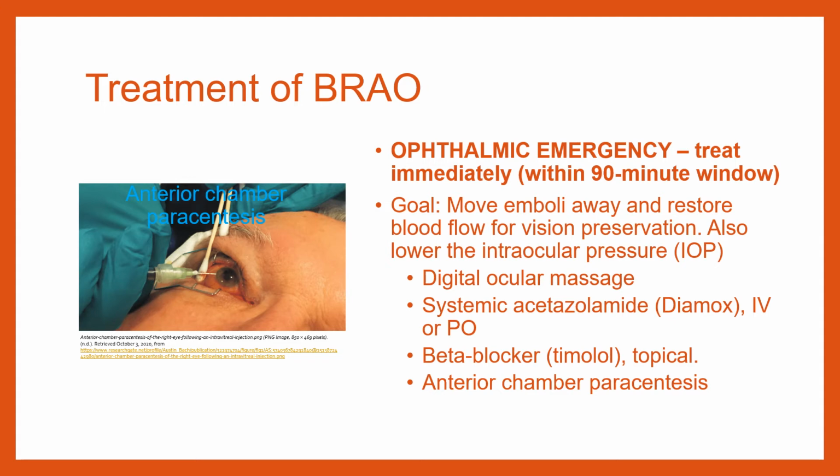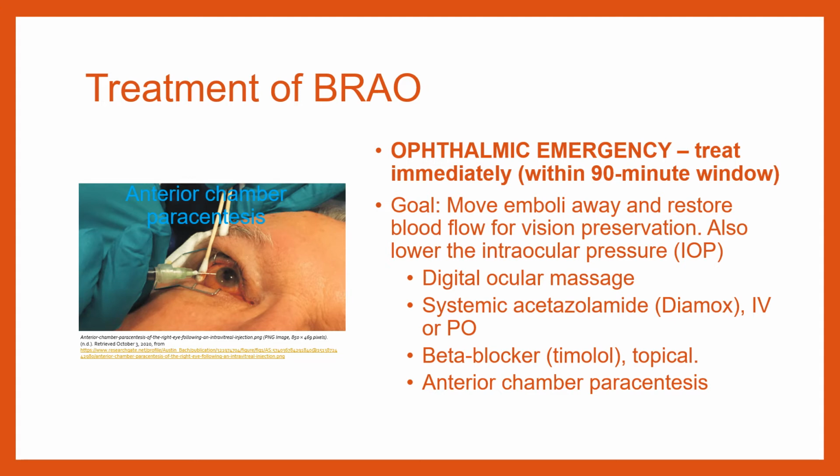The mainstay of the treatment is to lower the intraocular pressure, because IOP and the blood pressure need to be balanced for the tissues to be adequately perfused. Therefore, the net perfusion pressure of the retinal circulation can be increased by lowering the intraocular pressure. This can be done by first trying a digital ocular massage to try to dislodge the clot, and also by using systemic acetazolamide or Diamox.